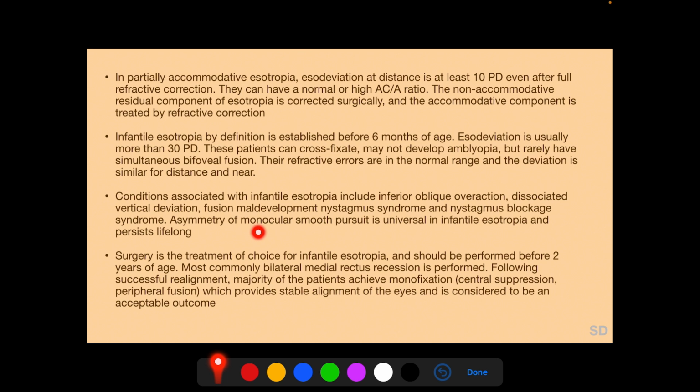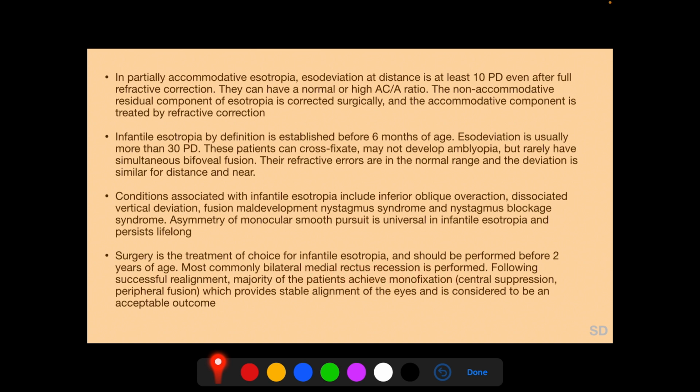Asymmetry of monocular horizontal smooth pursuit is universal in infantile esotropia and persists lifelong. Surgery is the treatment of choice for infantile esotropia and should be performed before 2 years of age. Most commonly, bilateral medial rectus recession is performed.